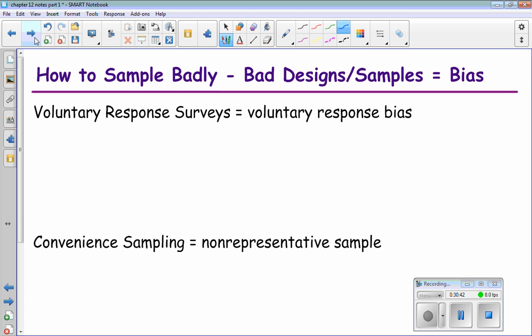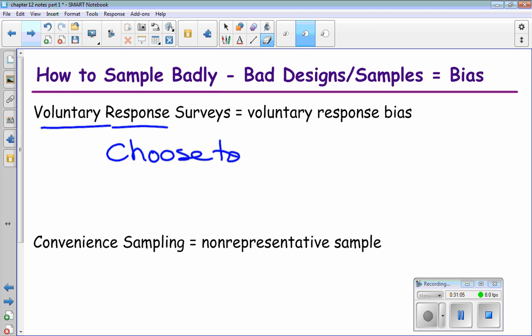That's why a lot of times those poor service, rate my service cards, only the people that are angry or people with very, very loud opinions, whether good or bad, are going to respond to those kinds of things. Okay? Because that's a type of bias as well. The voluntary response bias. You can choose to answer or not. Choose to respond or not.